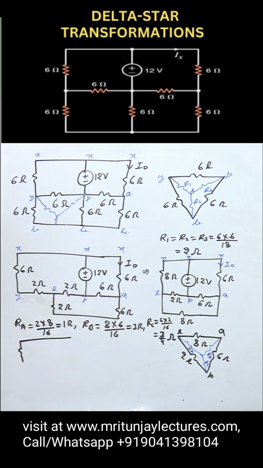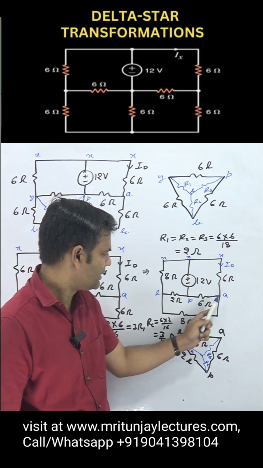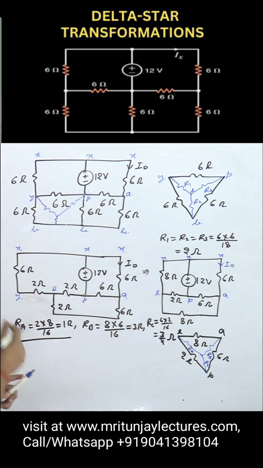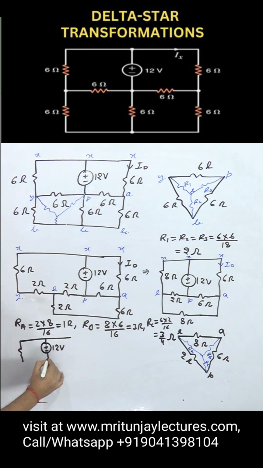Here 8 ohm, E to A, that is plus minus 12 volt. Here P terminal, P connected to RC.